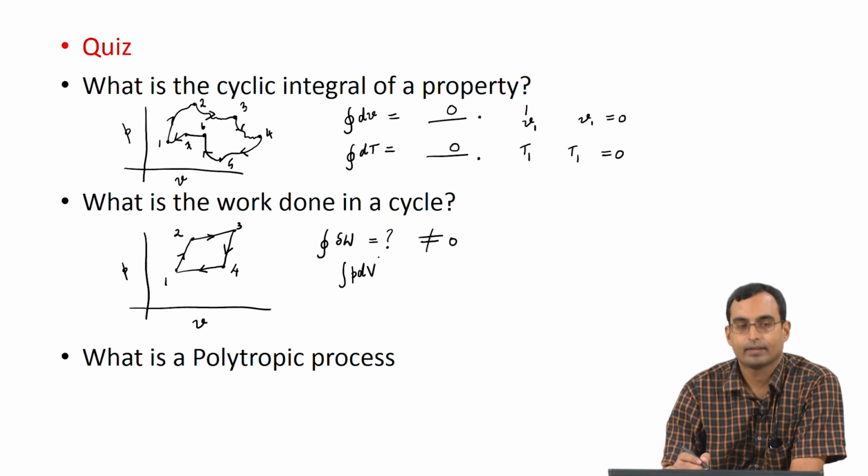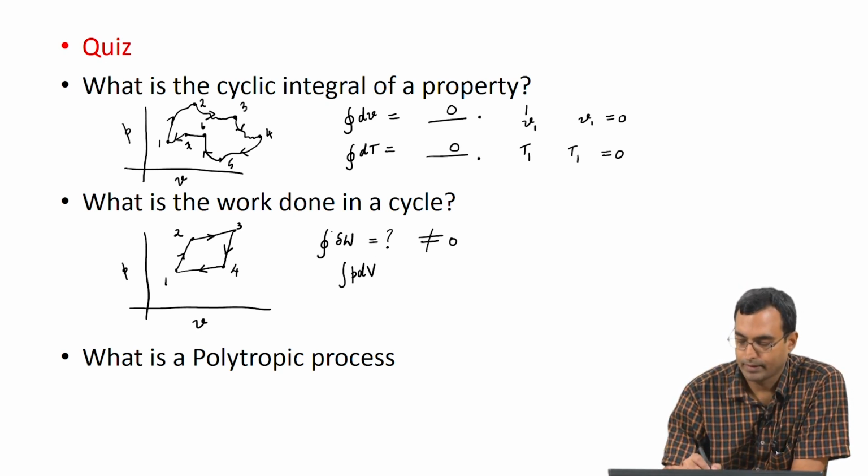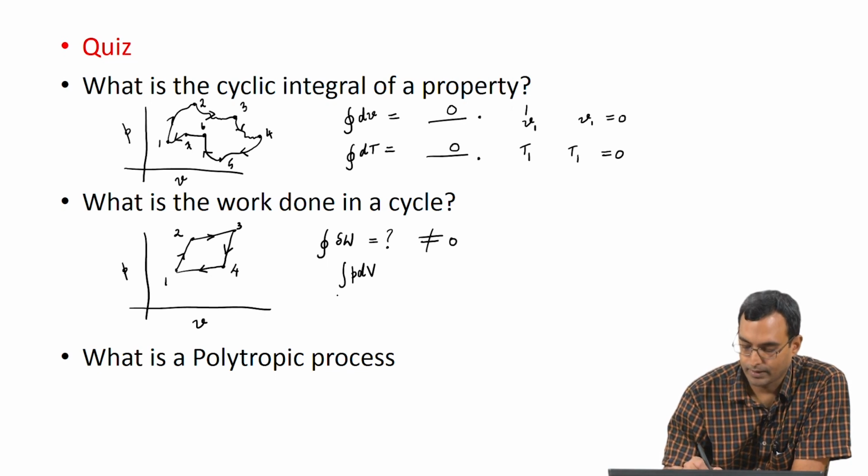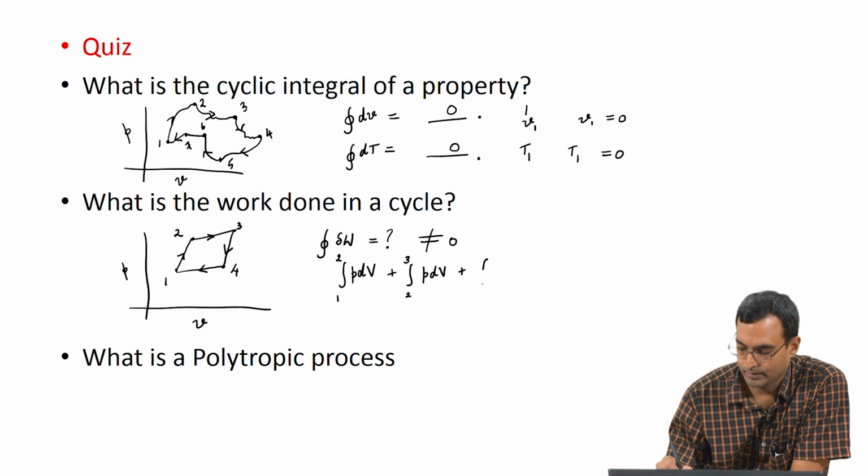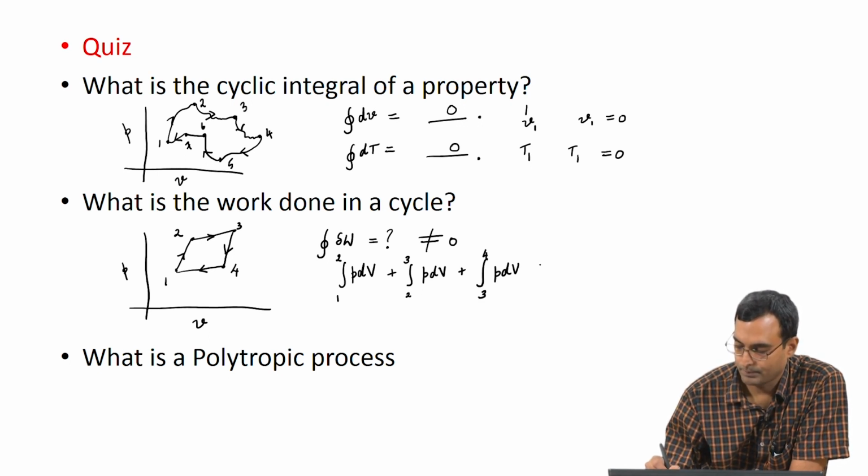So, we can integrate this over all the processes. The cyclic integral of del W would be the integral from 1 to 2 of PdV, plus the integral from 2 to 3 of PdV, plus the integral from 3 to 4 of PdV, plus the integral from 4 to 1 of PdV.